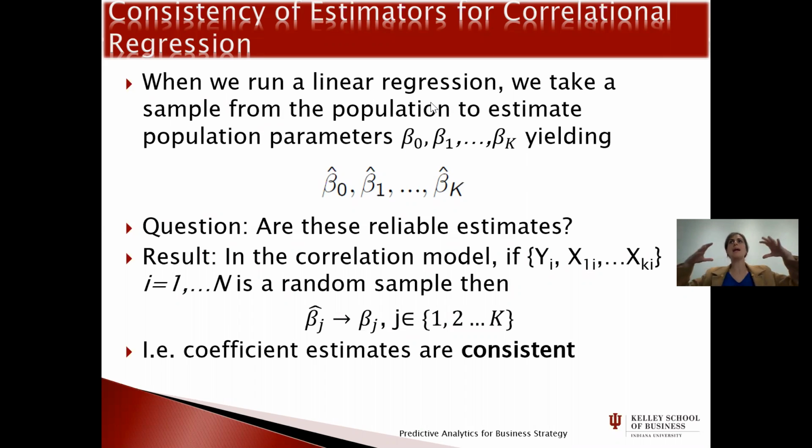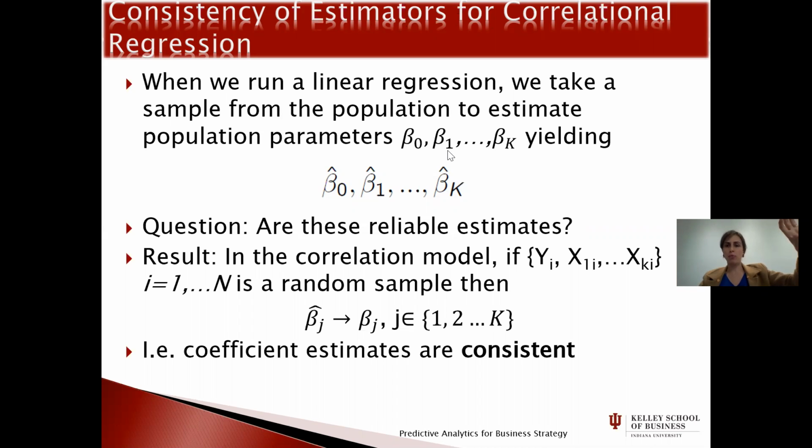So we like to think that when we're running a regression for correlation, there is a population out there. Let's imagine this population are all US customers. And if we were to include every one of them and run a regression, we would get beta 0, beta 1, beta k without a hat.